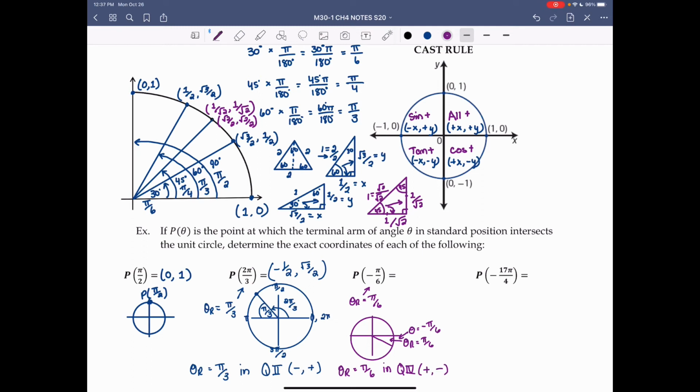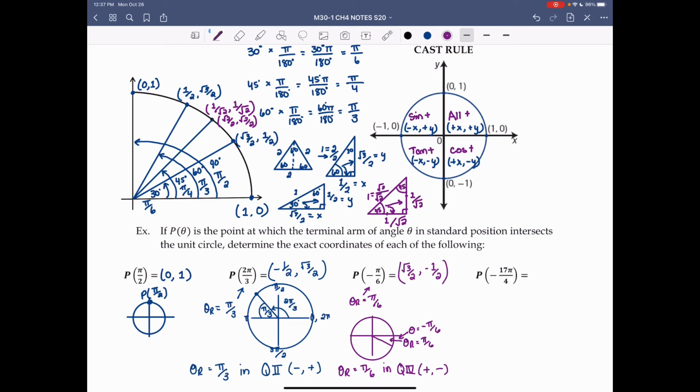Go back up to our picture of quadrant 1 of the unit circle and look for pi over 6, which is this angle here. And our x value is root 3/2, our y value is 1/2. In this case, we're doing positive x, so root 3/2, and then negative y, so negative 1/2.